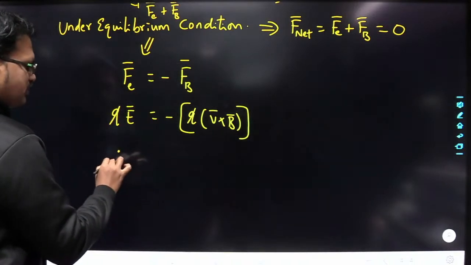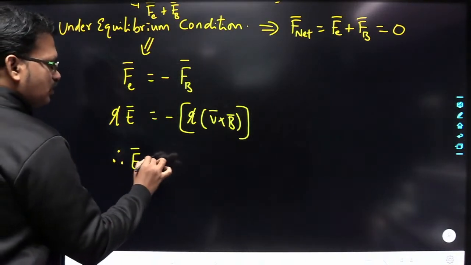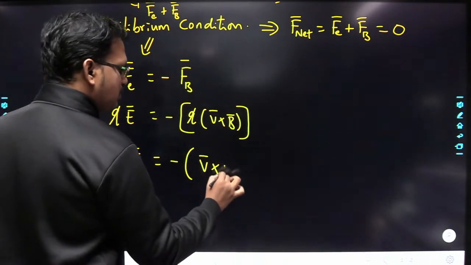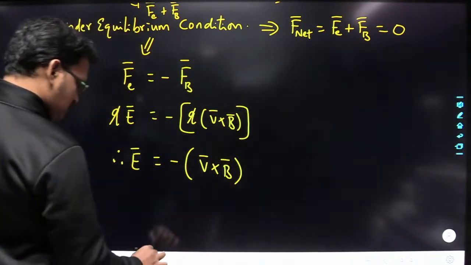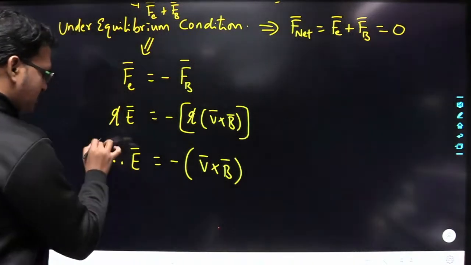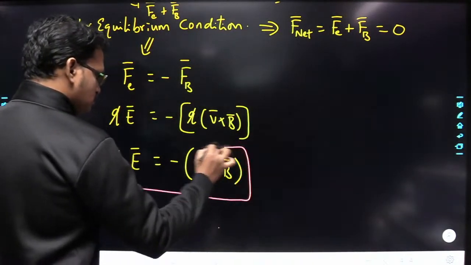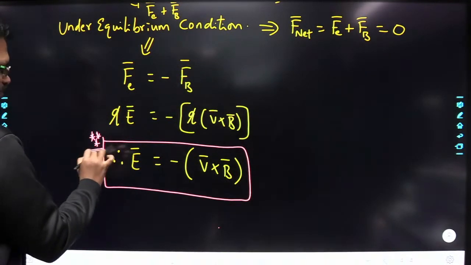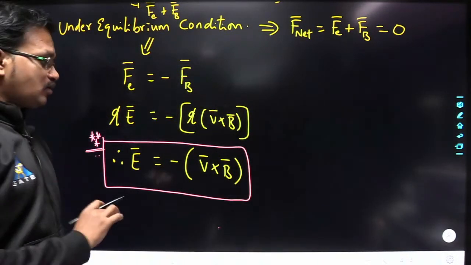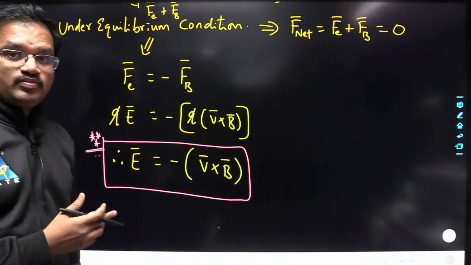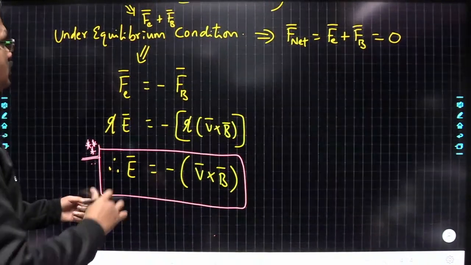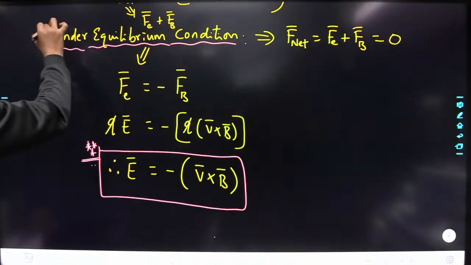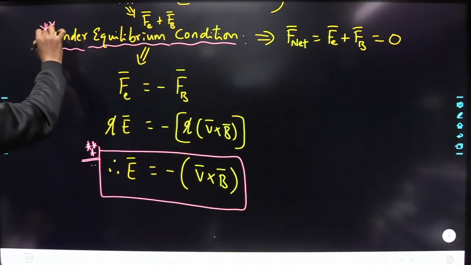Therefore E bar is equal to minus of V bar cross B bar. This is an important result, and you have to remember this is under equilibrium condition.